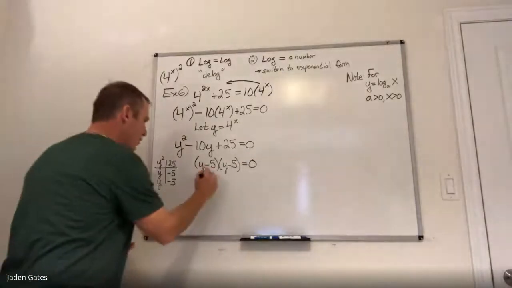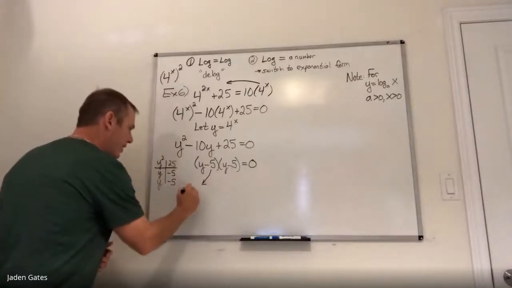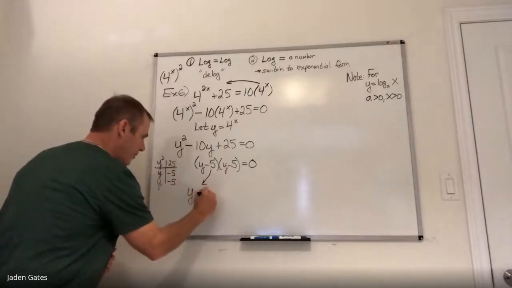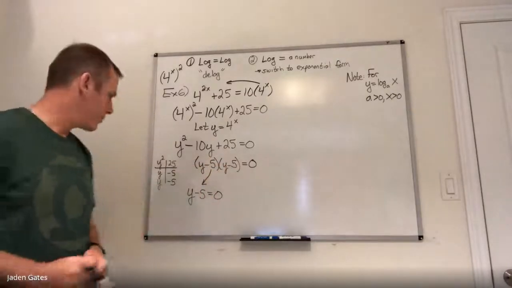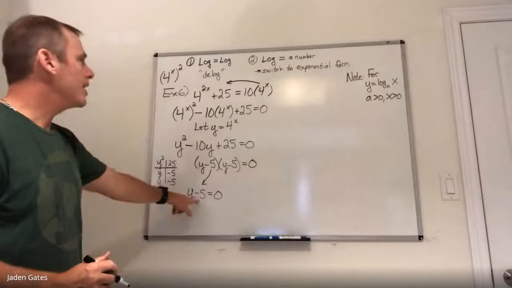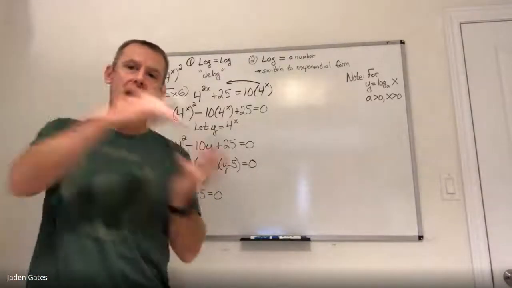And so now what I want to do is set each of these equal to 0. So I got y minus 5 equals 0. But since they're the same, I'm only going to do it once. Now, here is where I'm going to sub that 4 to the power of x back in for y.